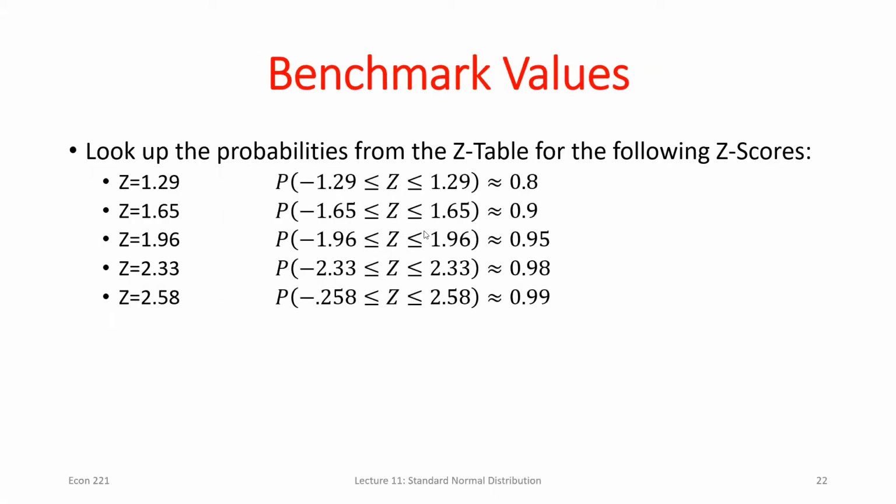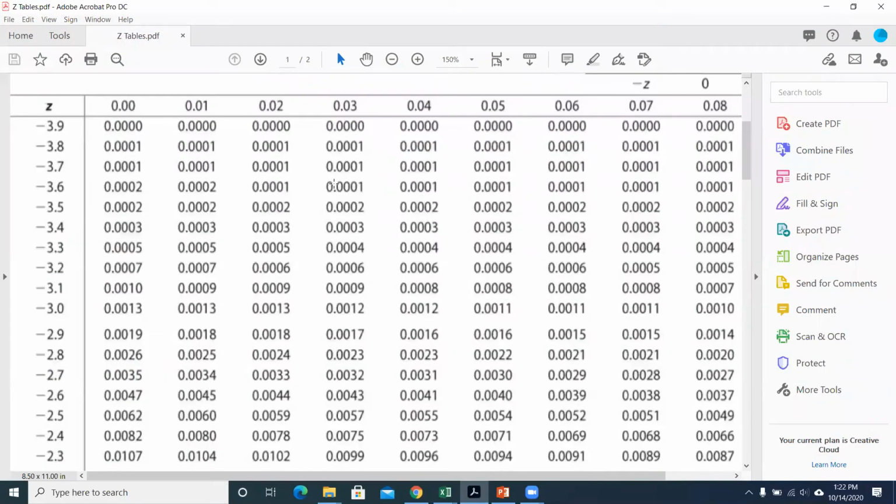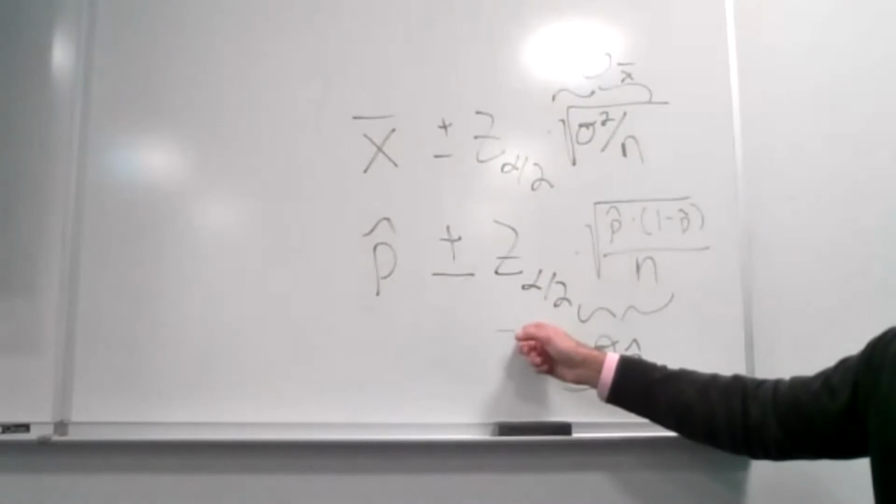And these are some benchmark values we're going to see a lot. Anytime I want 99% in my confidence interval, that z-score is always going to be 2.58 that I want to look up. Now I can prove this to you. If alpha is 0.01, for my confidence interval I actually want to look up alpha divided by 2.